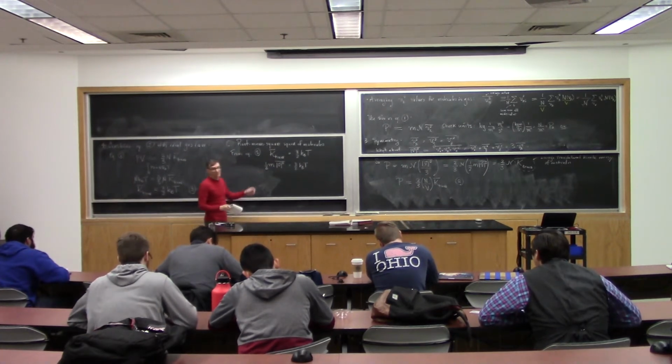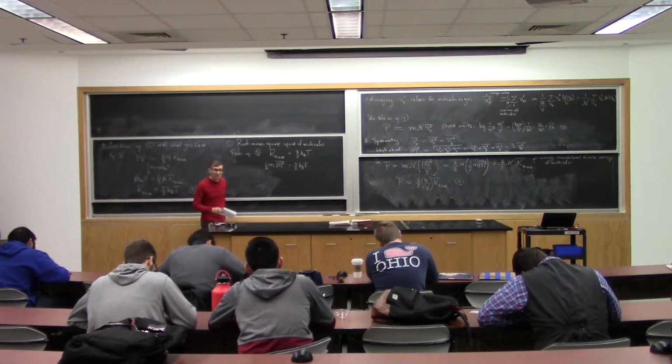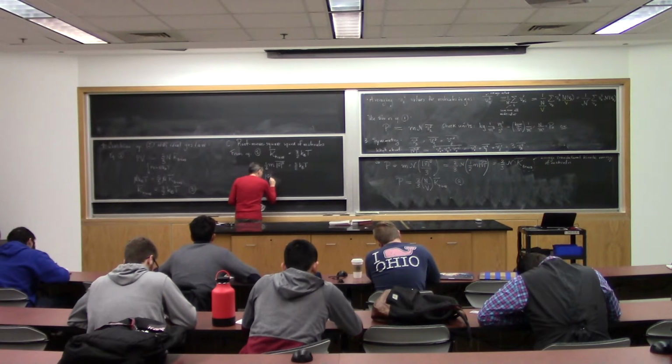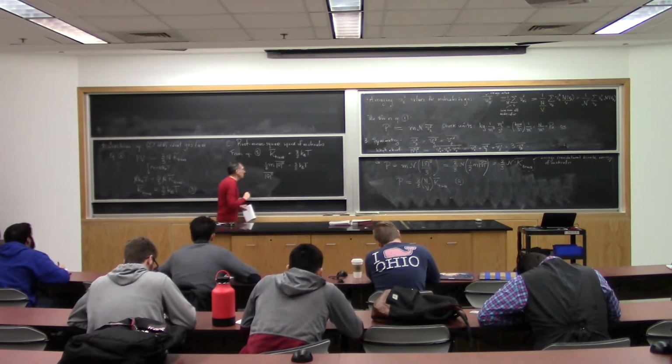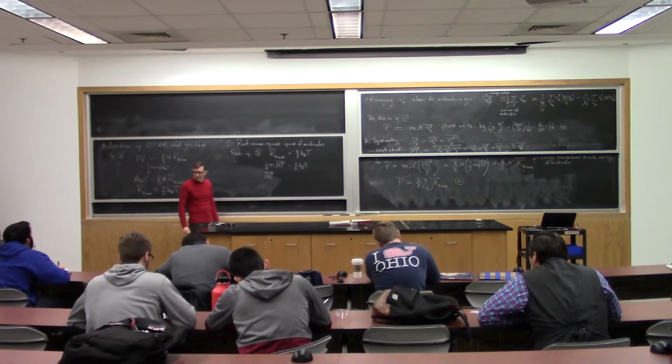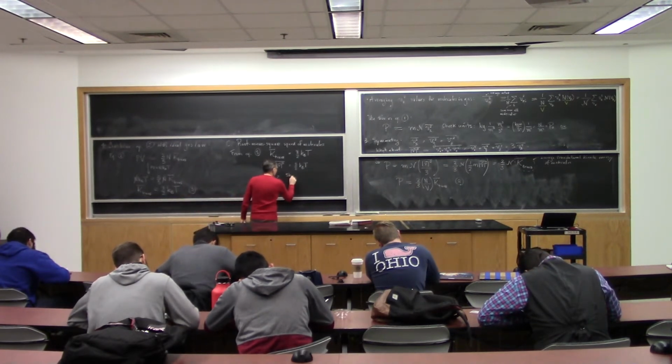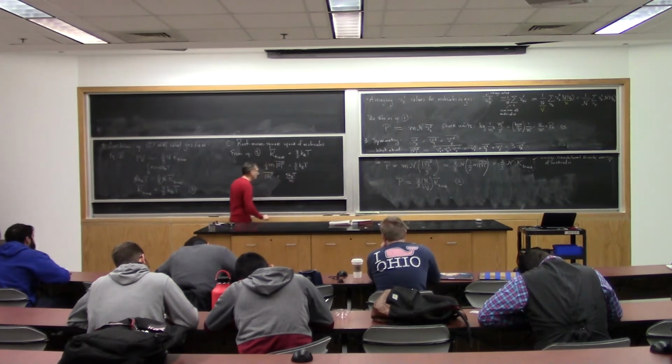I can multiply both sides by 2, getting rid of those 2's. I can divide both sides by m, and I'll get an expression for the average of the speed squared of the molecules. It will be 3 Boltzmann's constant times temperature over the mass of a molecule.